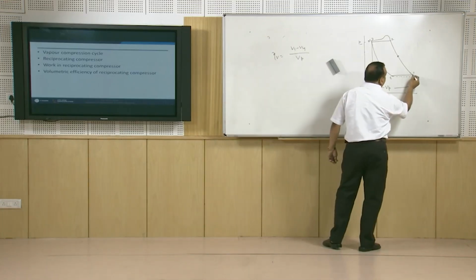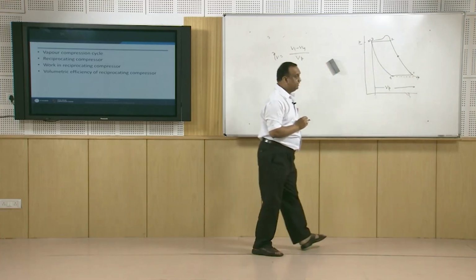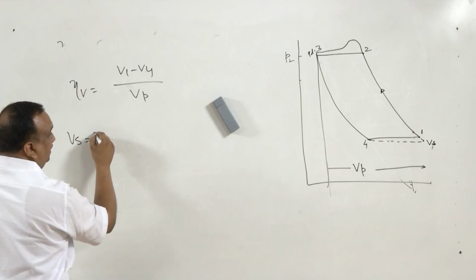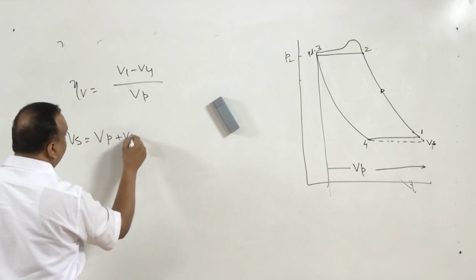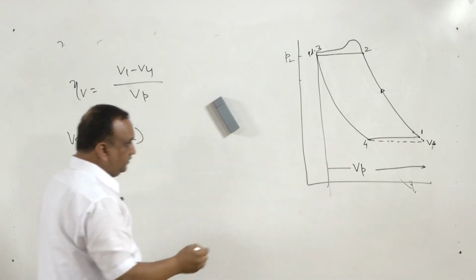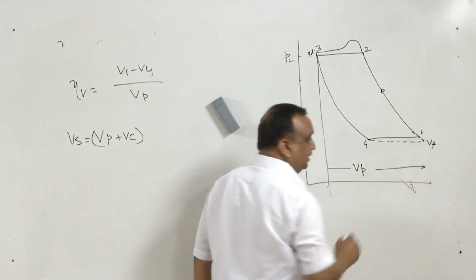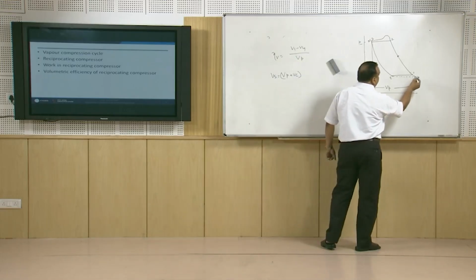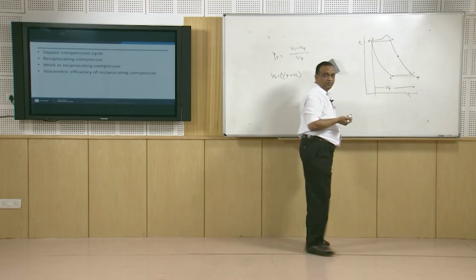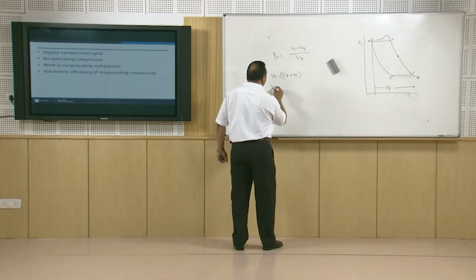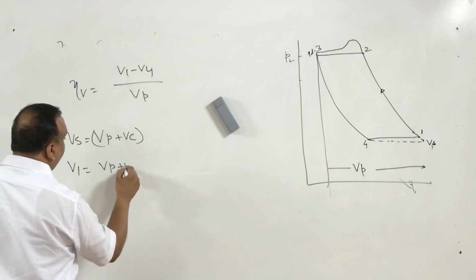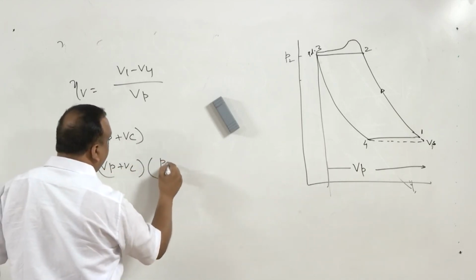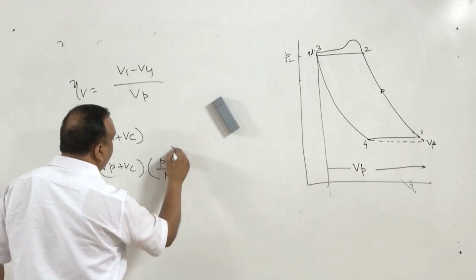In order to find V1, first of all calculate Vs. Vs is equal to Vp plus Vc, the suction volume. Now we assume inside the cylinder, due to ramming action, the Vs is reduced to V1 and it is a polytropic process. So V1 is equal to Vp plus Vc multiplied by Ps by P1 raised to power 1 by n.